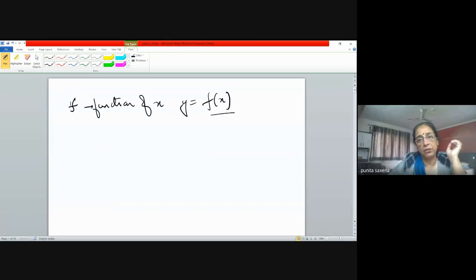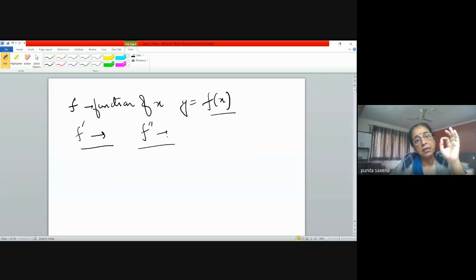We have seen that the first derivative gives us some information about the rise and the fall of the graph, and the second derivative gives us some information about the shape of the graph as far as the concavity is concerned. Okay. Now, as I said in the beginning, the first derivative and the second derivative are more than enough to sketch the graph of any function that is given to us. We don't need anything else.